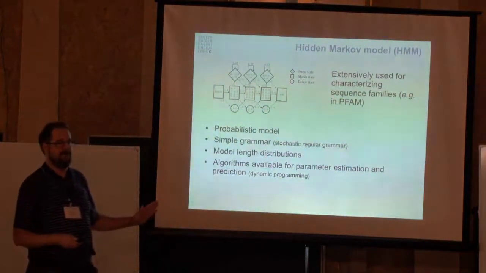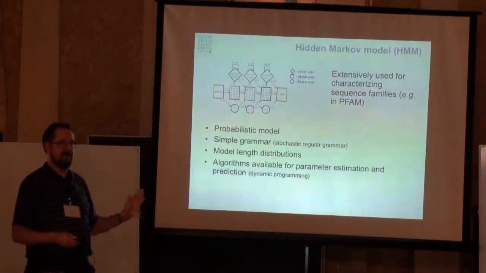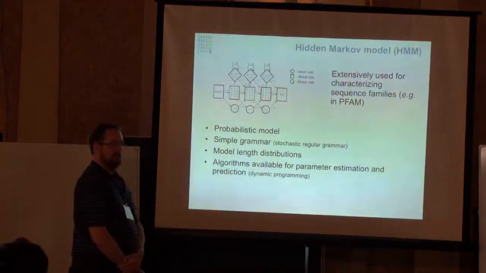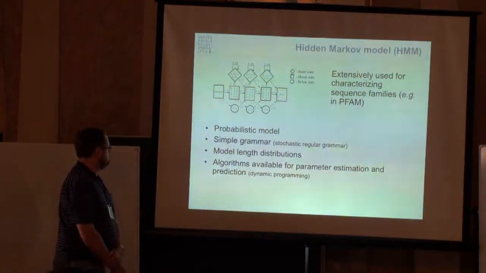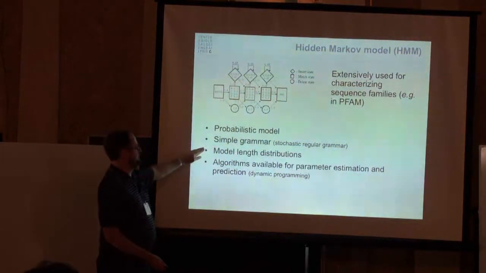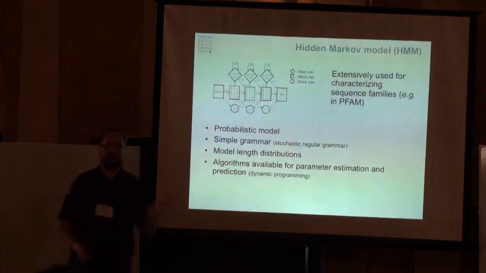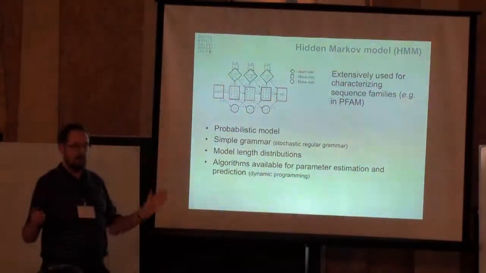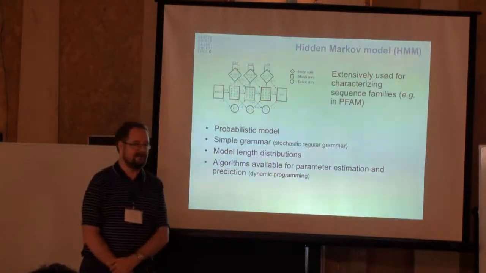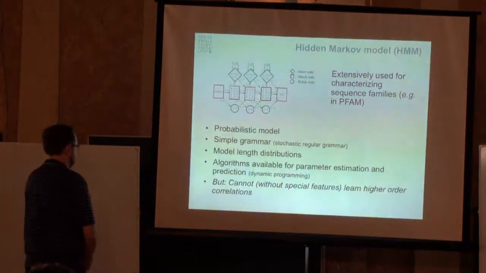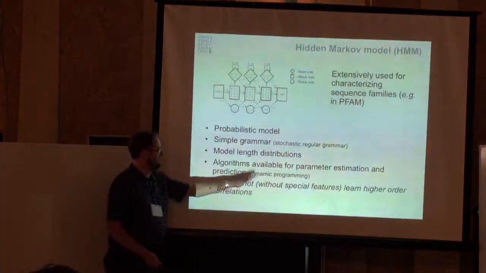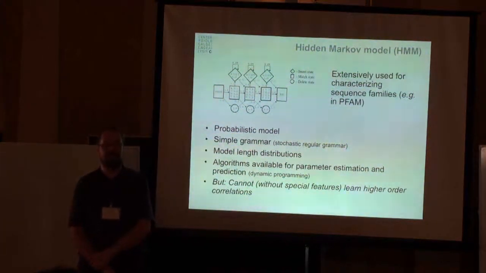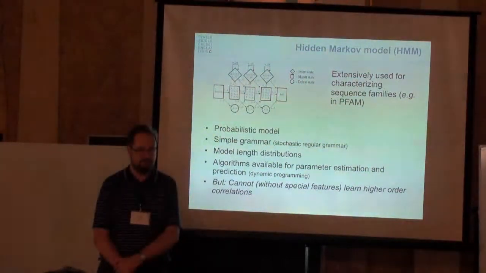So you can't go from inside to membrane to inside again. You can build that into the grammar of your method. And it can model length distributions, so it can model the fact that transmembrane helices are typically longer than signal peptides. But it cannot, without adding some special features, learn higher order correlations between positions in your sequence motif.